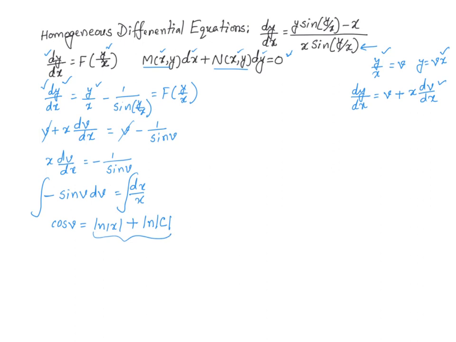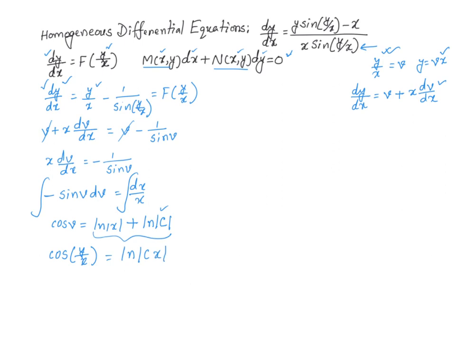There is no other reason, and you can do it easily. So that gives me cosine of v. Instead of v, I'm going to replace my original value back. Cosine of y over x is equal to ln of absolute value of c times x.